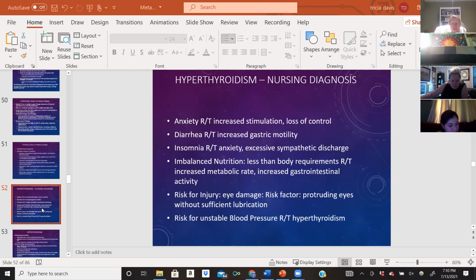The risk factor is the protruding eyes without sufficient lubrication. These patients do require a lot of lubrication drops in their eyes because they're always open. They get very, very dry, and they do complain about that all the time. And then risk for unstable blood pressure related to the hyperthyroidism.